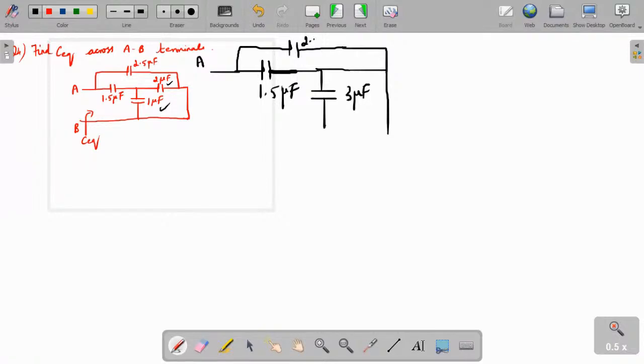This is 2.5 microfarad. Okay, this will be the circuit we'll be getting.